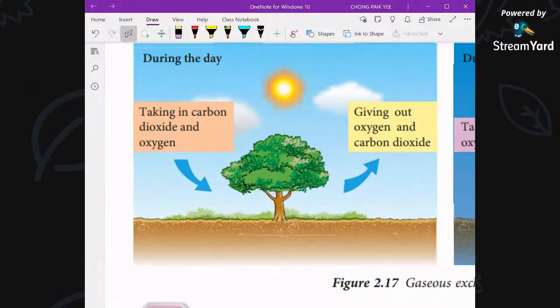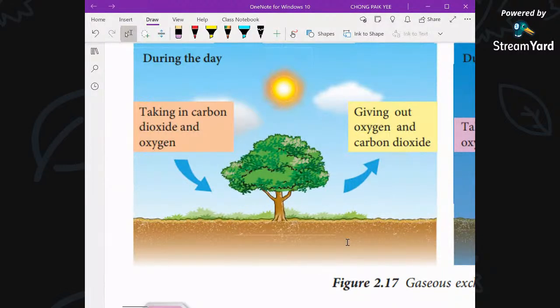Okay, so photosynthesis, yes, that's right. But many of you say photosynthesis, right? Is that the only process that happens in the plant in the daytime? That means if you say photosynthesis, does it mean the plant only carries out photosynthesis?